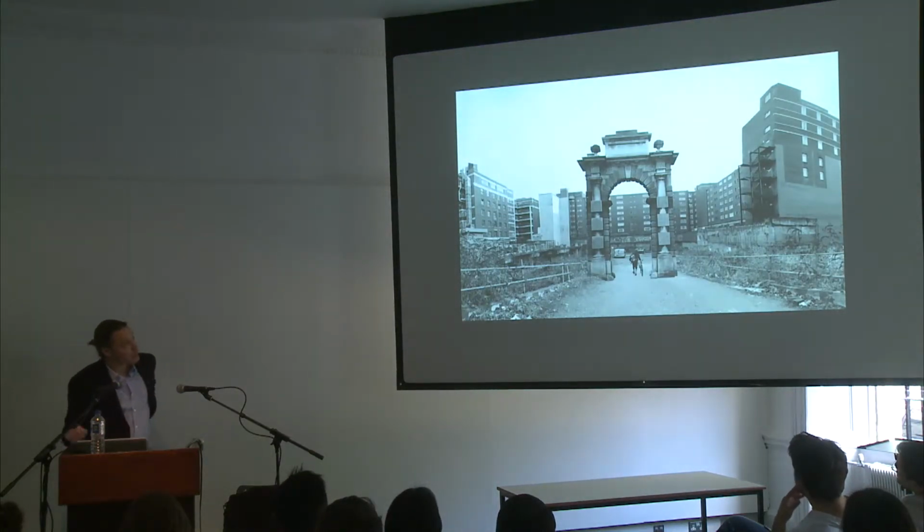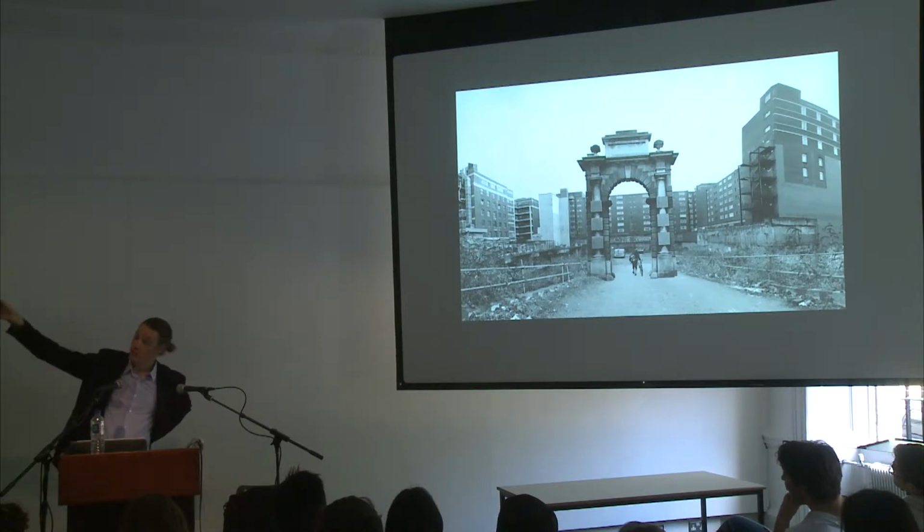So this was the image of the prospectus, and I wanted to say a couple of words about this. It's a photo montage, and it's an arch that's been taken from Somerset House. It was embedded into a facade and placed on a site that's been empty for 50 years, just up the road in Tottenham Court Road.